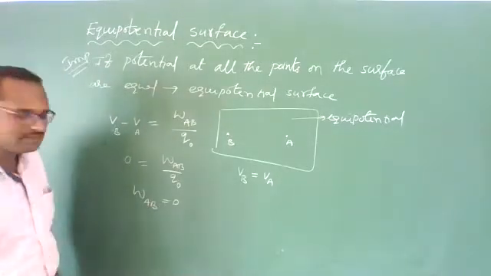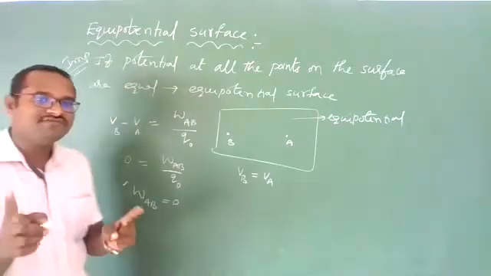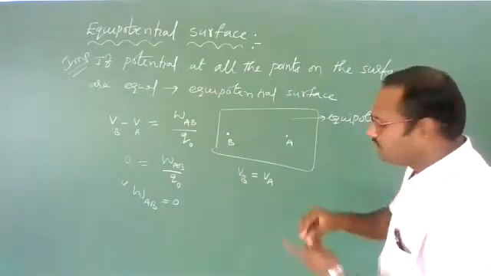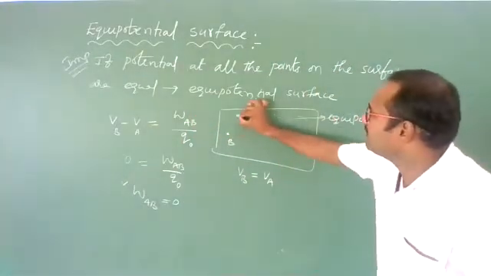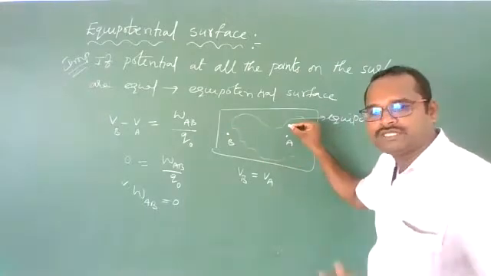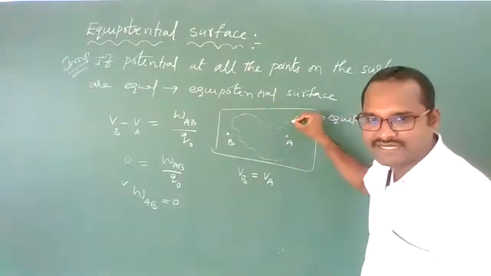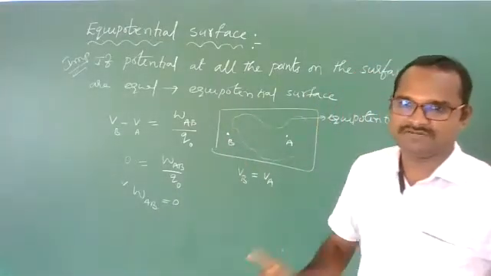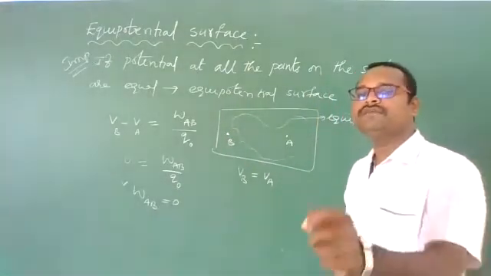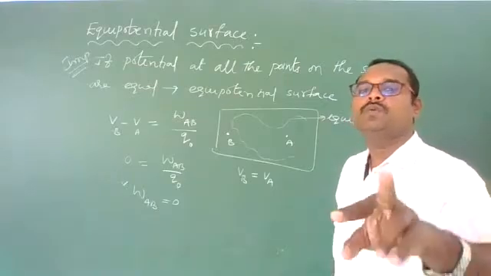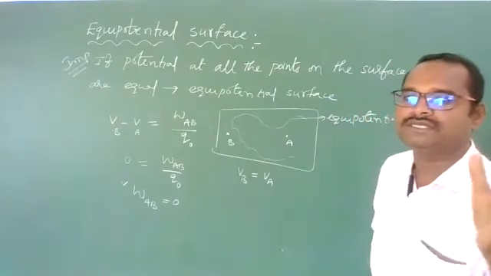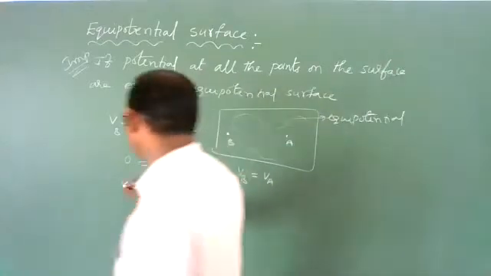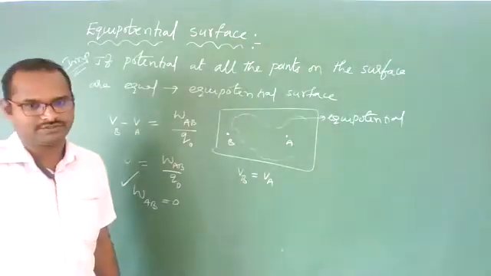Means if the surface is equipotential and you want to move any charge on that surface from one point to another, in whatever direction, the work done will always be 0. Remember this point. So on an equipotential surface, no work is done in moving a test charge from one point to another point. Very, very important point.